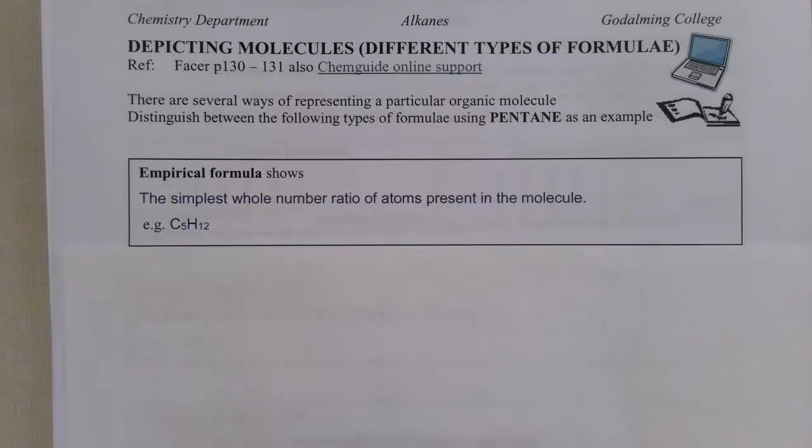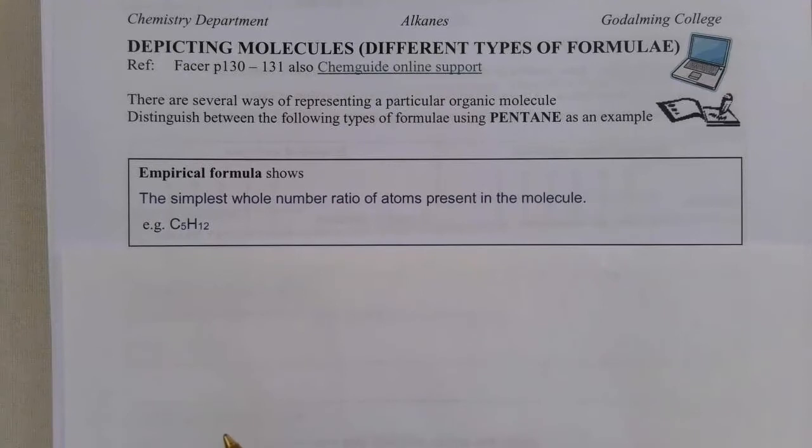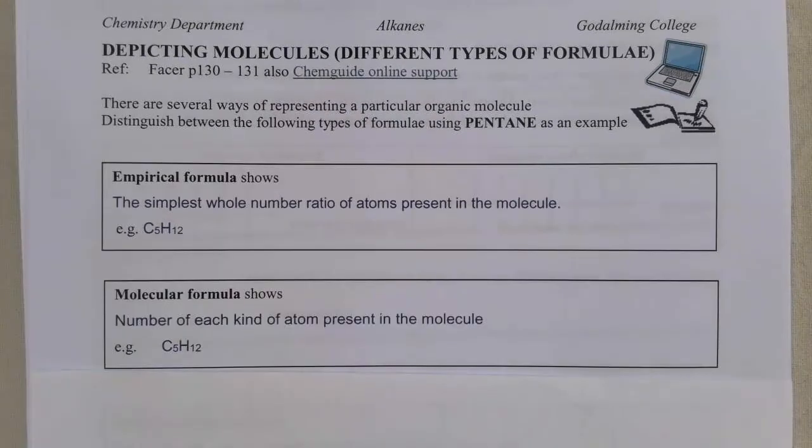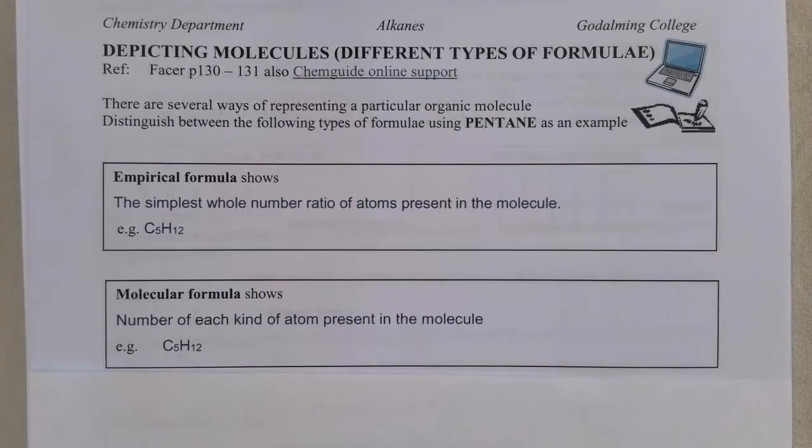I can't divide this by any numbers, so this is the simplest whole number ratio. Next, I've got the molecular formula, which just gives me the number of each kind of atom that's present. In our case here, we have the same molecular formula as we do empirical formula.